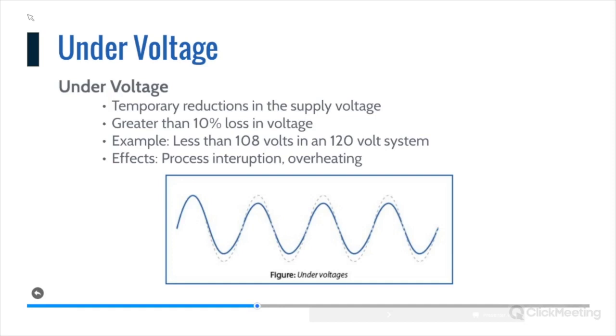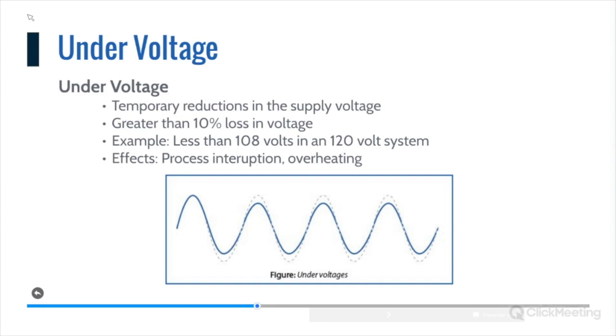So if you get down to 108 volts, it's gonna be a low voltage, undervoltage. And this is where you get process interruption and actual overheating, because when the voltage goes down, the current's going to go up. So it's still consuming the same amount of power. So it's just a physics thing that current's gonna go up and cause some overheating and it'll cause damage.